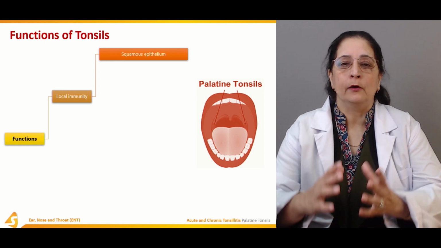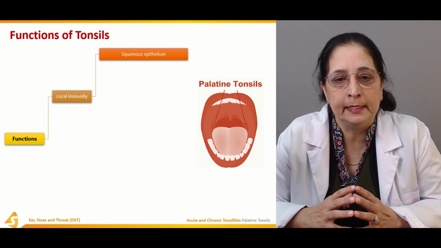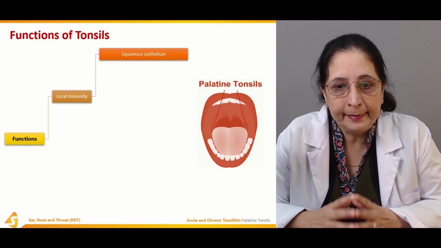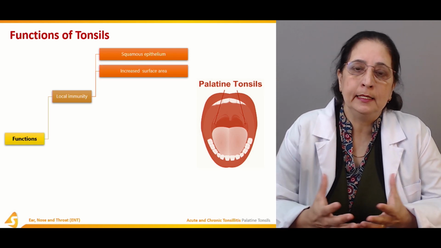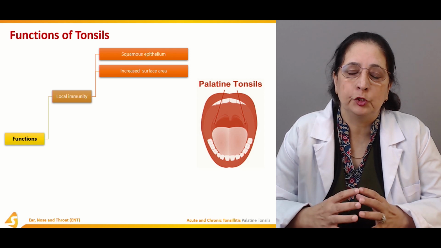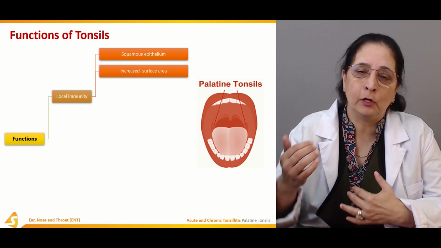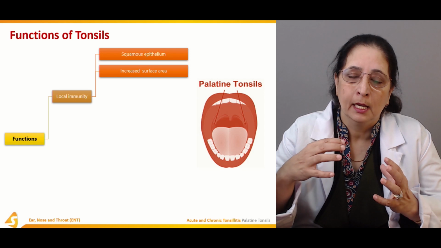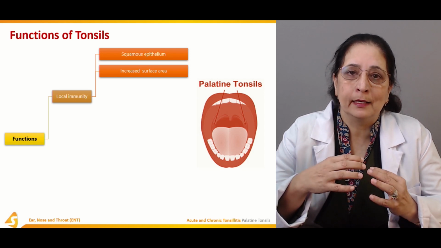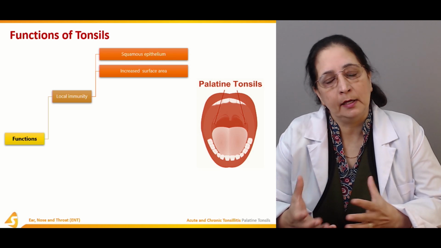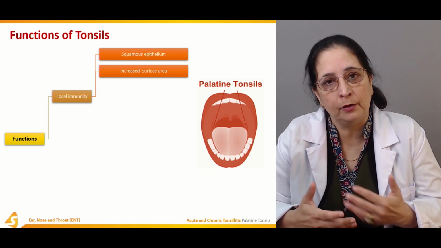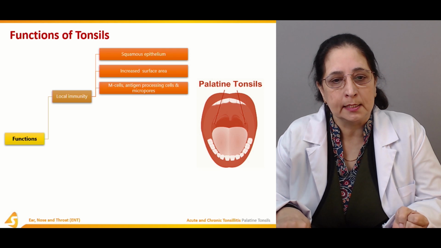The lining of the tonsils is by squamous epithelium, and there is an increase in the surface area of the tonsil because of the presence of intratonsillar clefts or crypts. This increase in surface area helps in the trapping of microorganisms.